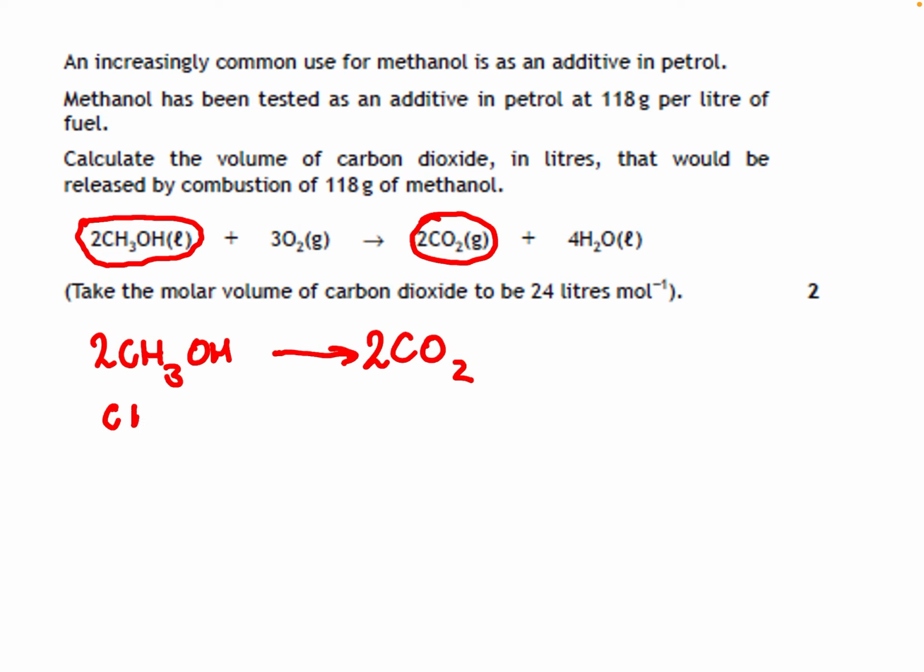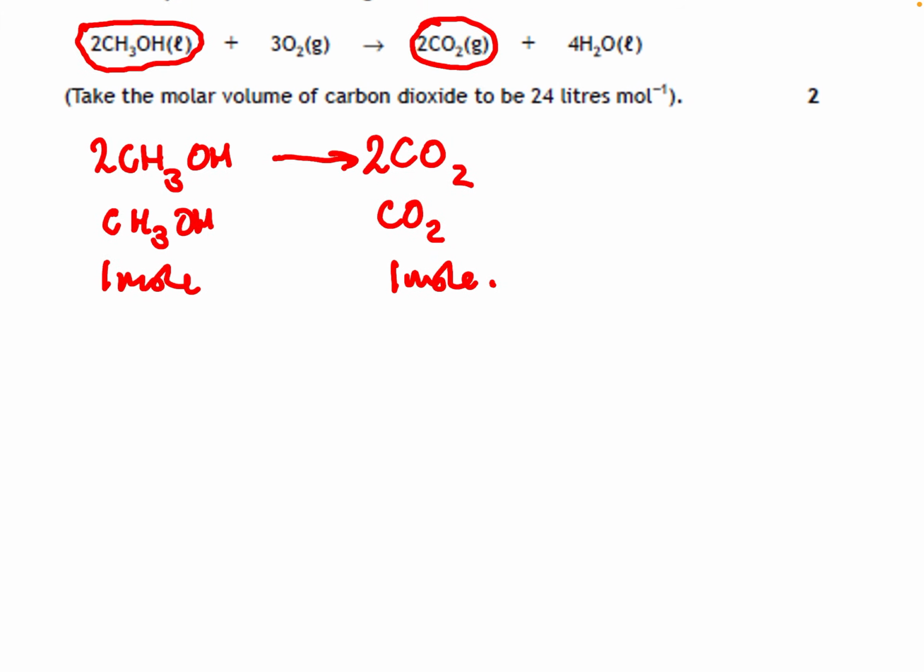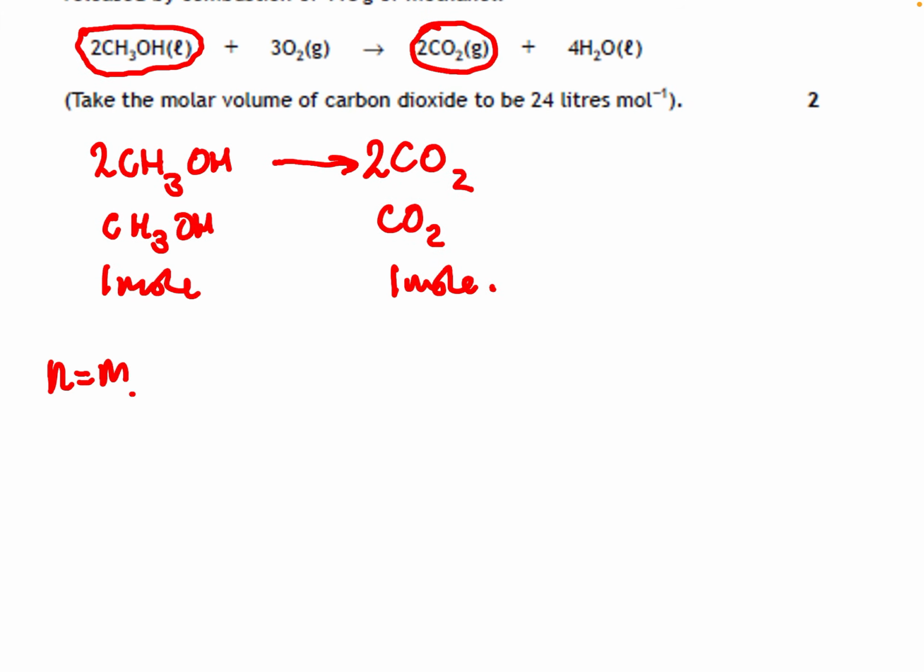We can cancel those out, so it's just CH3OH to CO2. So it's a 1 mole to 1 mole ratio. And it says in the question, if you'd paused it, it's 118 grams of methanol that is used.